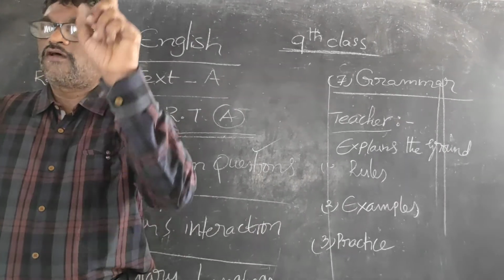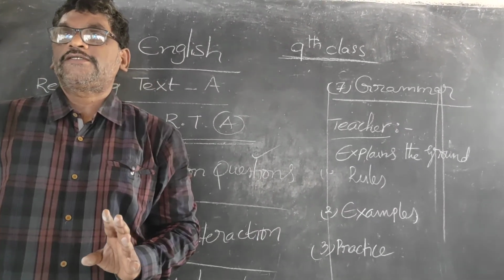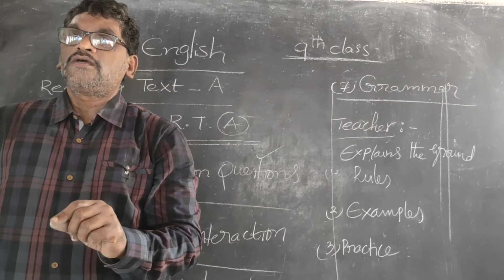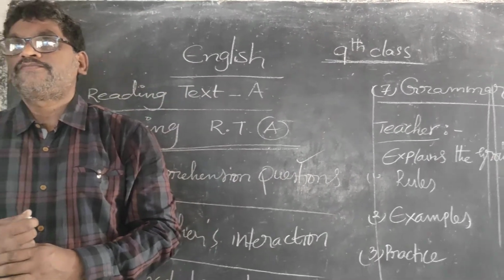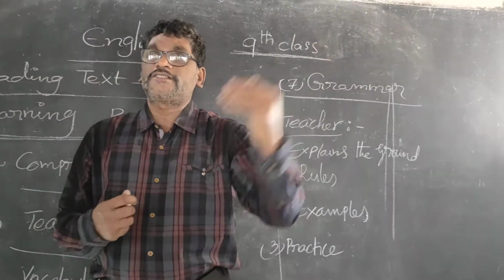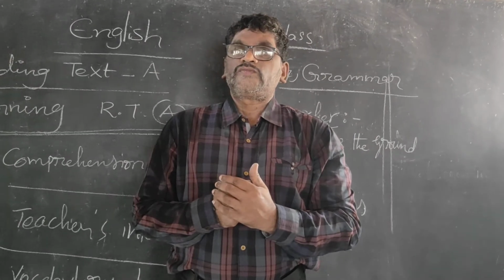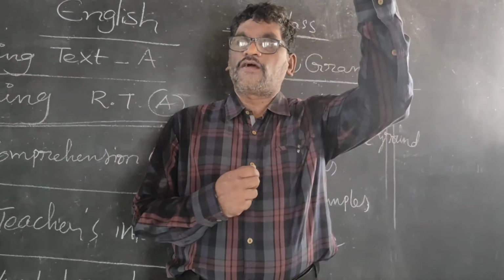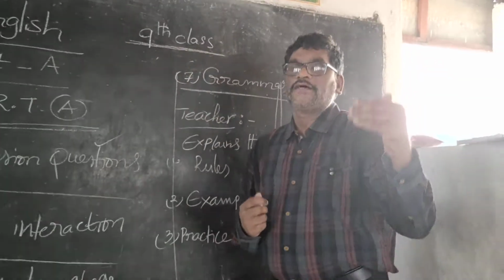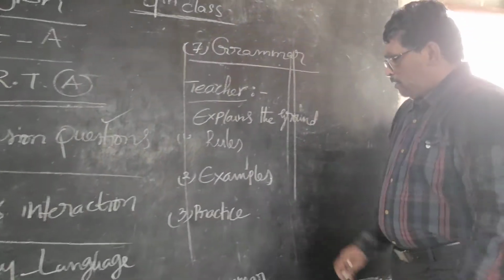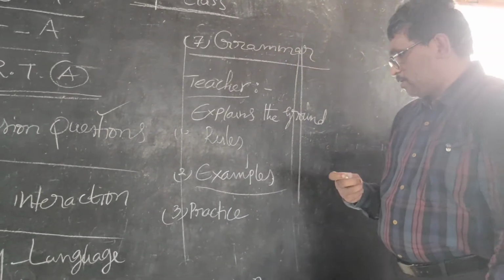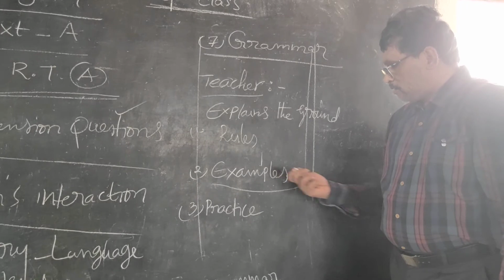And clarification of the doubts is also very important. If you have any single doubt, you can't move forward, because grammar is nothing but mathematics, steps, stages. That's why you must understand all the ground rules, and you must listen and learn the examples which the teacher gave.